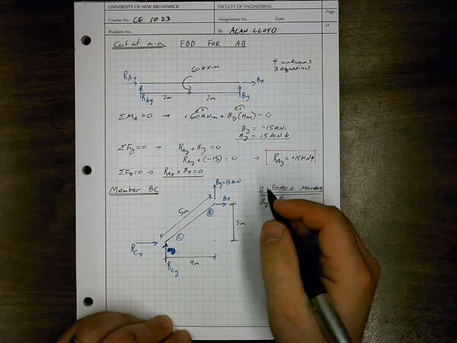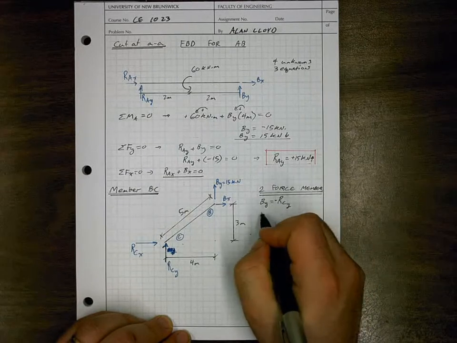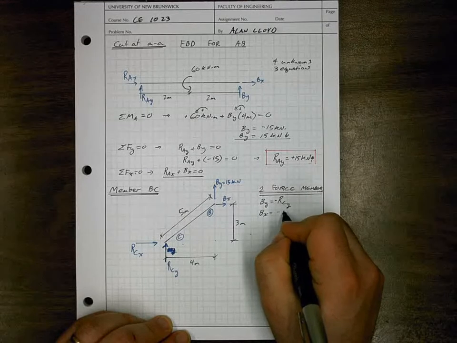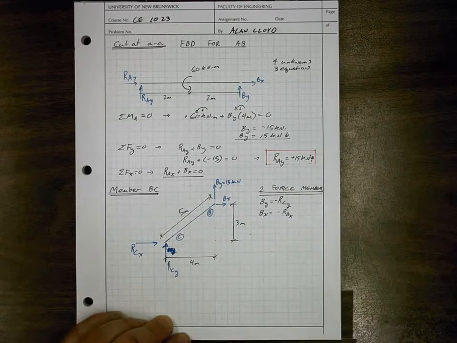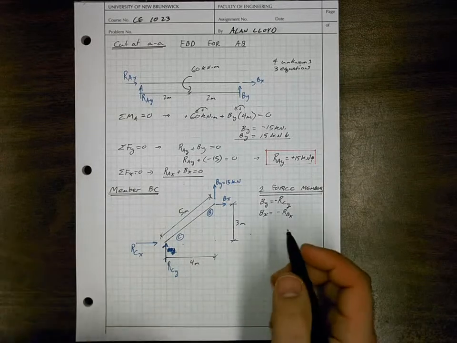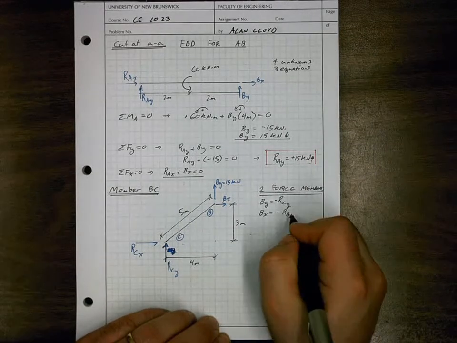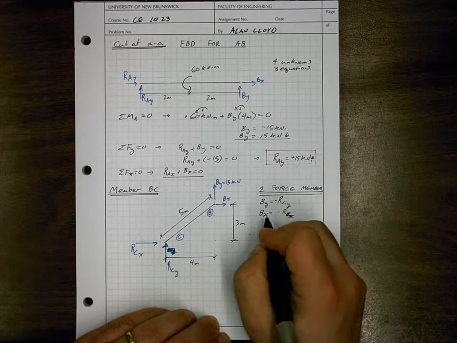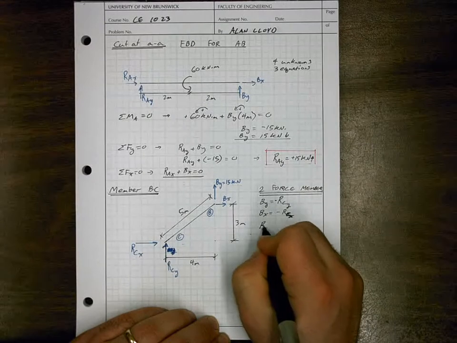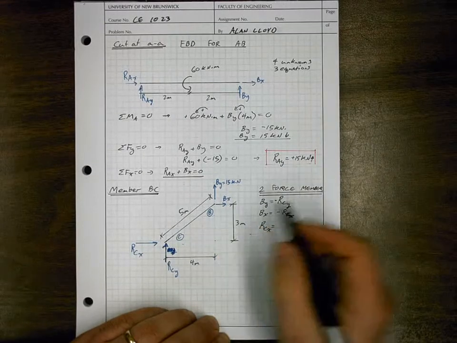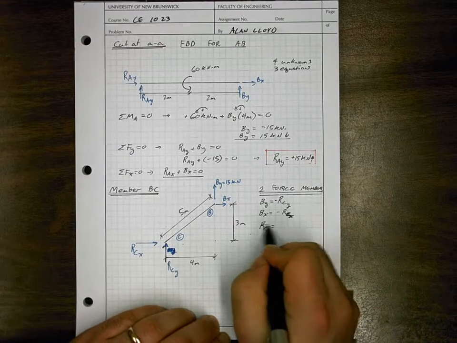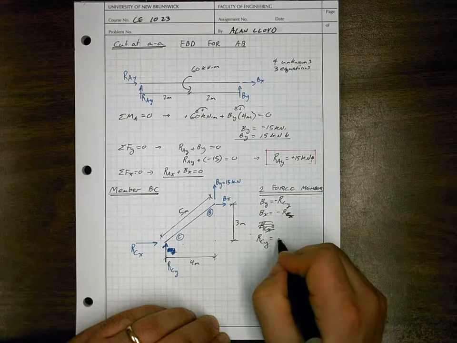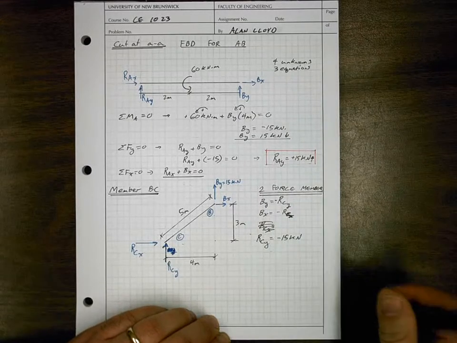And, well, I suppose the negative of it. And Bx is equal to the negative of RCx. And we already know one value, so we can say that RCy is equal to minus 15 kilonewtons.